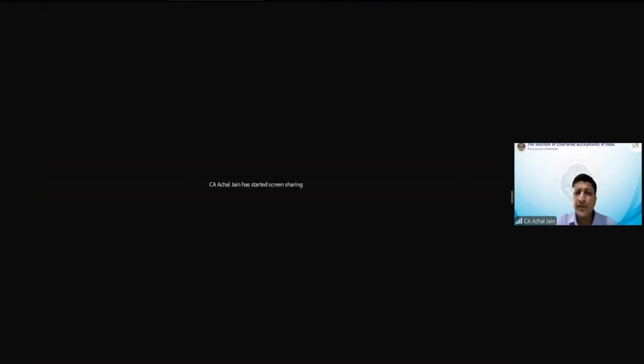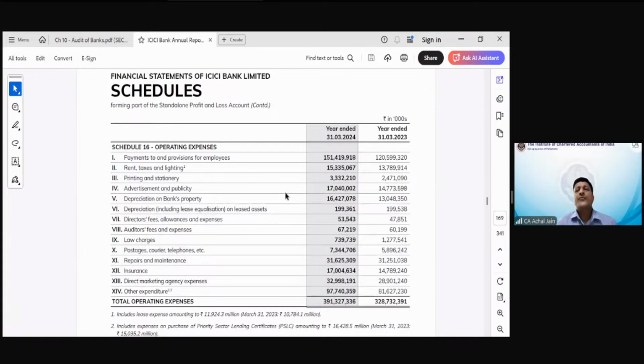Then the other items could be in relation to different areas of the P&L, as we talked about. When it comes to the rent, of course, you'll perform the testing on a simple basis. You'll look at the rent agreement. Depreciation, you'll get into the calculations.